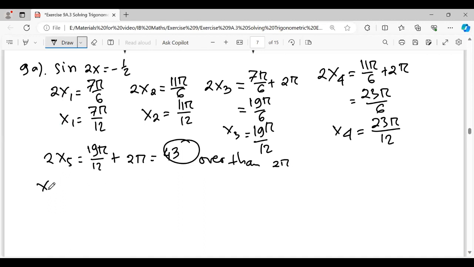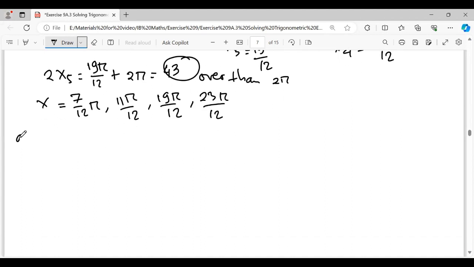So x are 7 over 12 pi, 11 pi over 12, 19 pi over 12, 23 pi over 12.